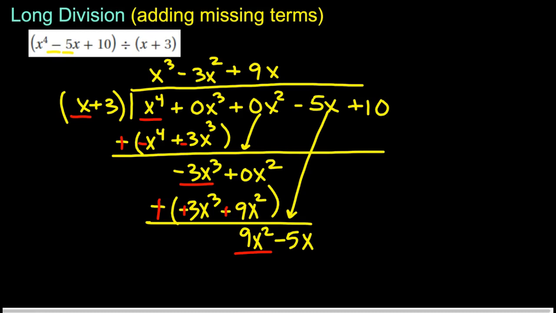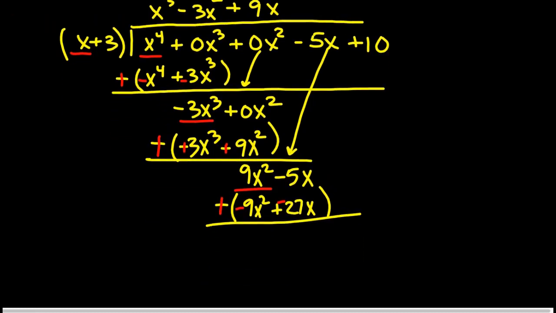Okay, 9x times x plus 3. Subtract that binomial. I get 9x squared plus 27x. Distribute the negative or change all the signs. I'm left now with negative 32x. Bring down the last constant term, which is a plus 10.